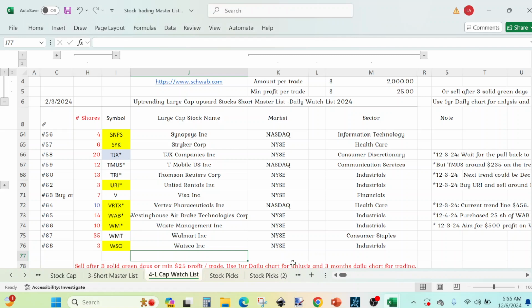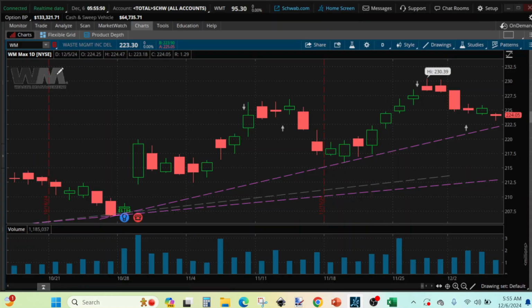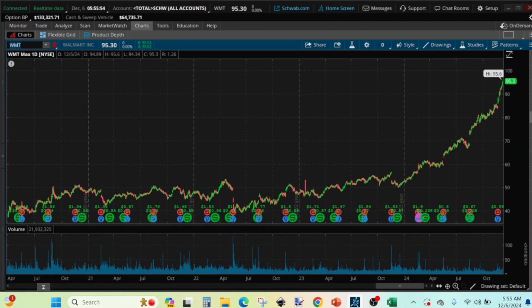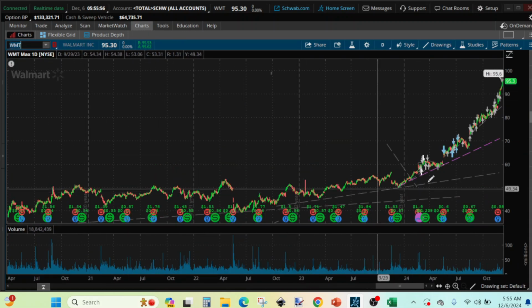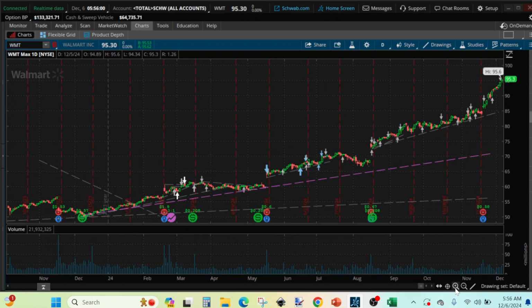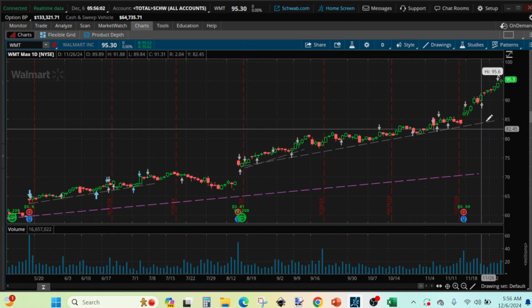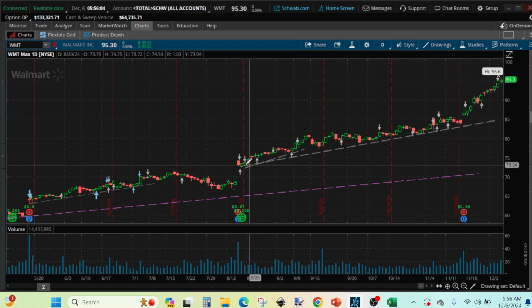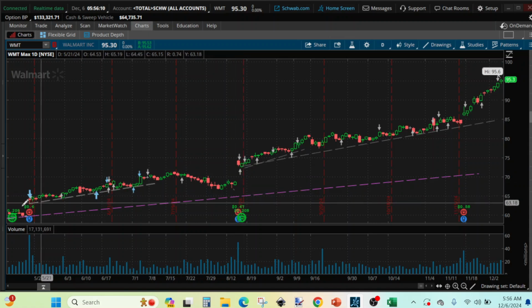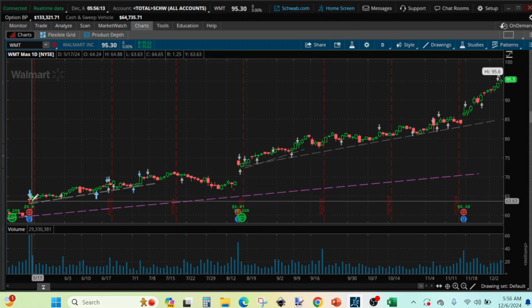So WMT, Walmart. Walmart, we have this line for it, but it's so far from it. And we have this line, which is what? August. So we have the beginning of the year. No, this is May.